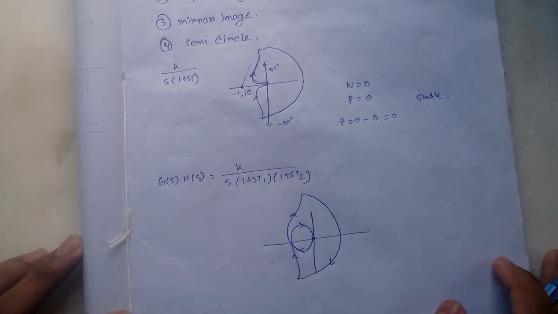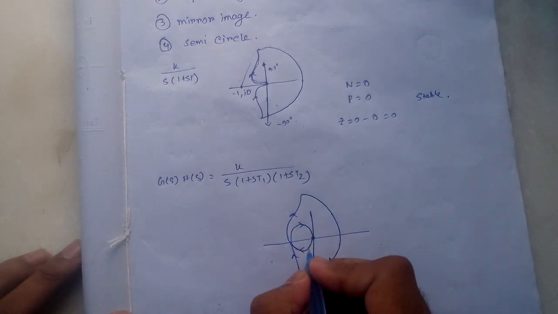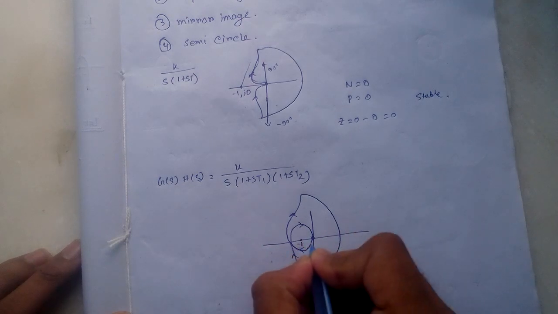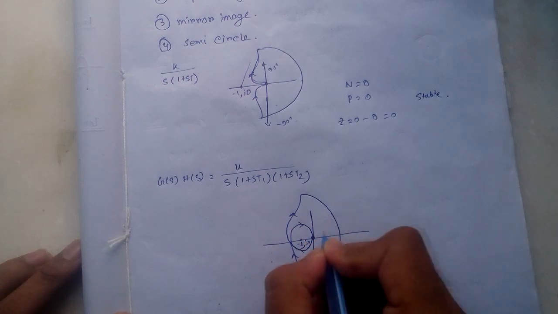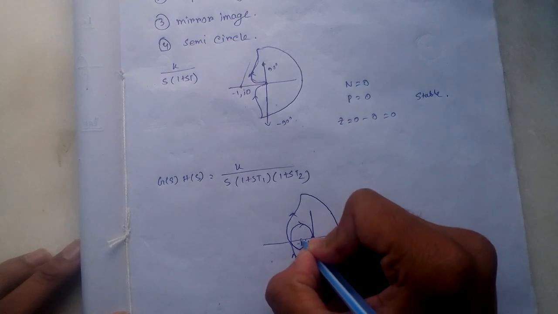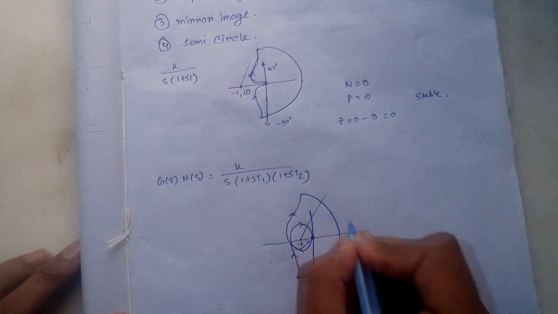This is done. Now one thing we have to see: considering the minus 1 j0 point, if the point is enclosed here and we draw any line from here, the line will cut 2 encirclements.